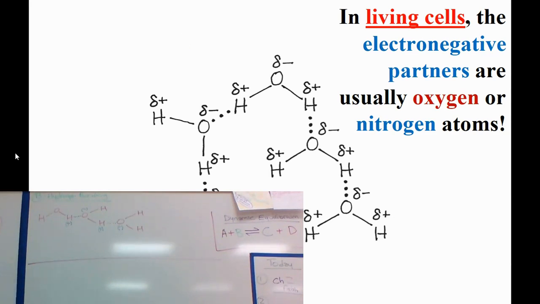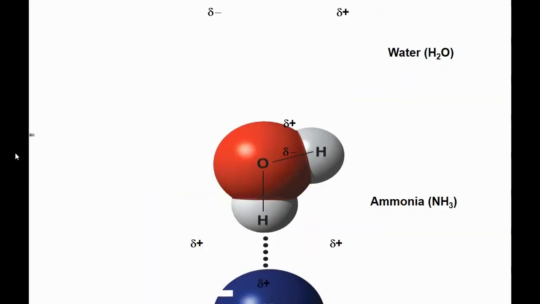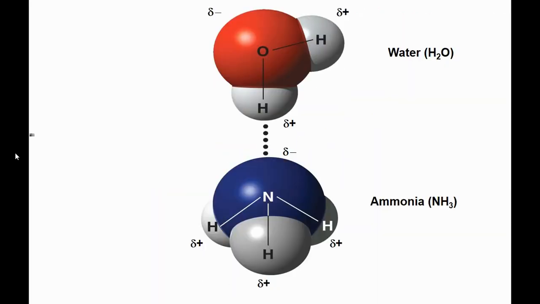Well, in living cells, these electronegative atoms are usually oxygen and nitrogen atoms. If you remember Schnapps, there's a lot of O's and N's that are used in biology. So you can see, your book will give you an example of a nitrogen atom, which is also kind of over here towards the right-hand side.